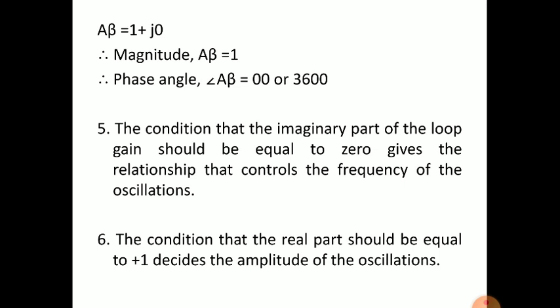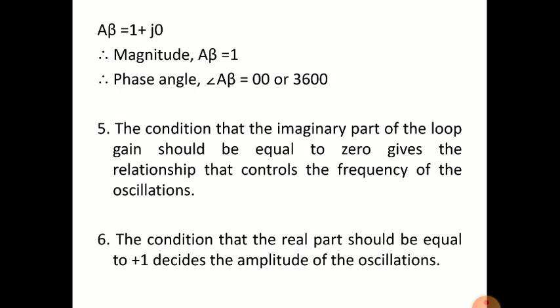From complex numbers we can write the magnitude of A beta is equal to 1, and if it is 1 plus j0, then the phase angle theta is equal to tan inverse of 0 by 1, that is equal to 0 degrees. So the condition that the imaginary part of the loop gain should be equal to 0 gives the relation that controls the frequency of oscillations, and the condition that the A beta real part is equal to 1 decides the amplitude of the oscillation.